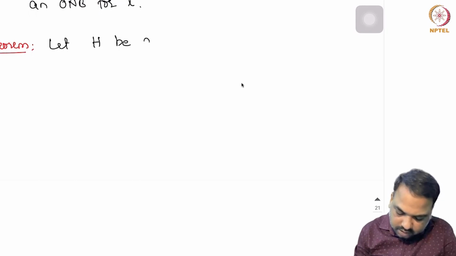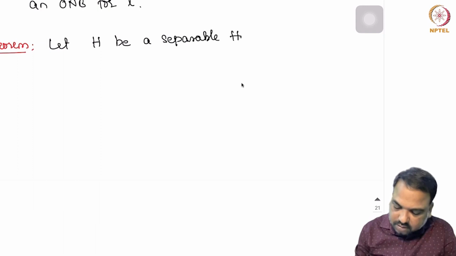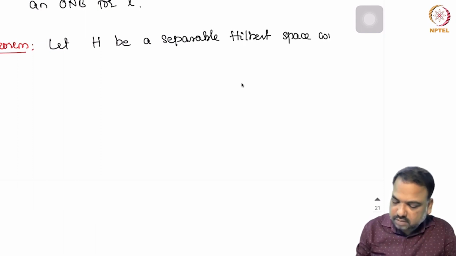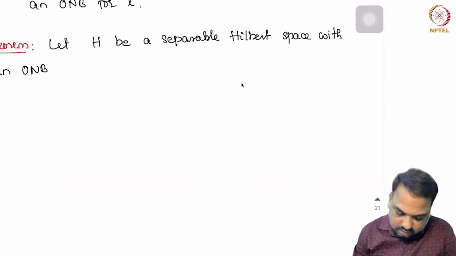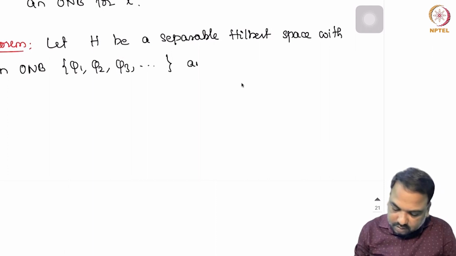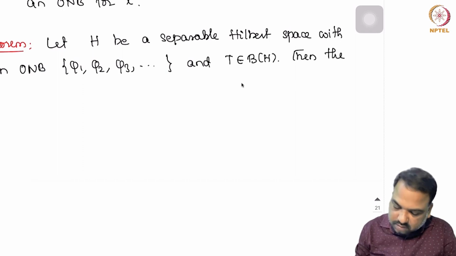Let H be a separable Hilbert space with an orthonormal basis phi1, phi2, phi3, and so on, and T be a bounded operator on H. Then the following are equivalent.